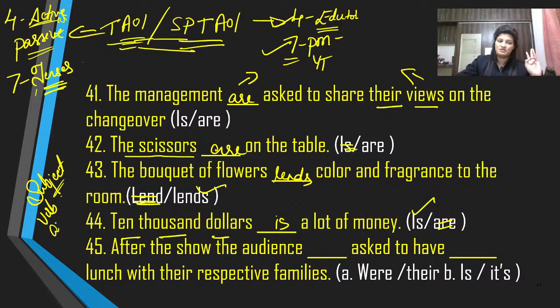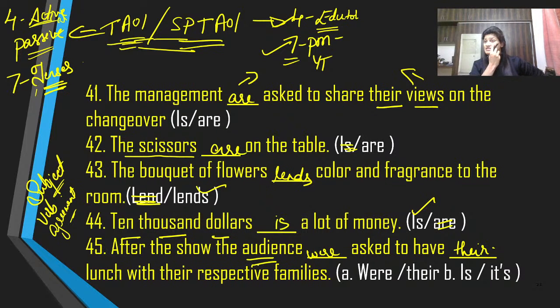Subject verb agreement is a general topic. So, what's the answer? After the show, the audience were asked to have their lunch. Yes, very good. The answer is were. Audience here has been used as plural.